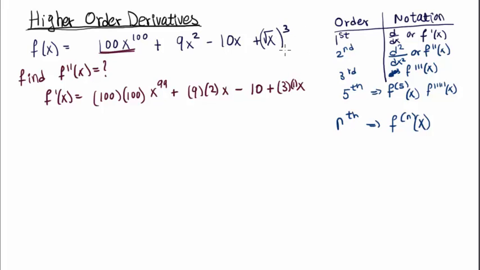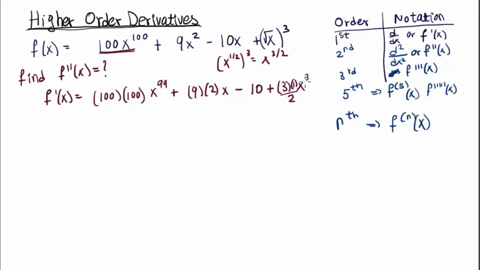Now, a couple of videos back, we saw that square root of x is the same thing as saying x to the 1/2. So if this is x to the 1/2, the whole thing cubed, this right here is the same thing as saying x to the 3/2, right? So now, I'm going to bring down the 3/2, and then this will be x to the 3/2 minus 1.